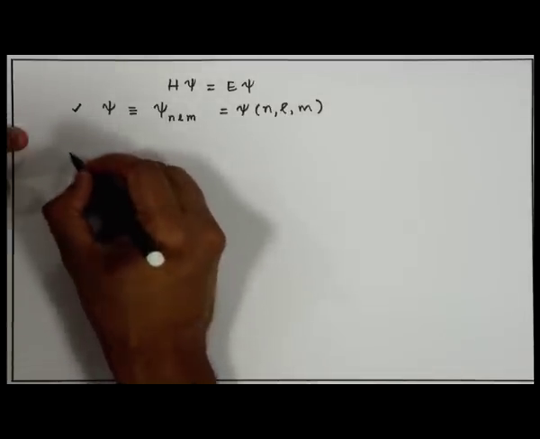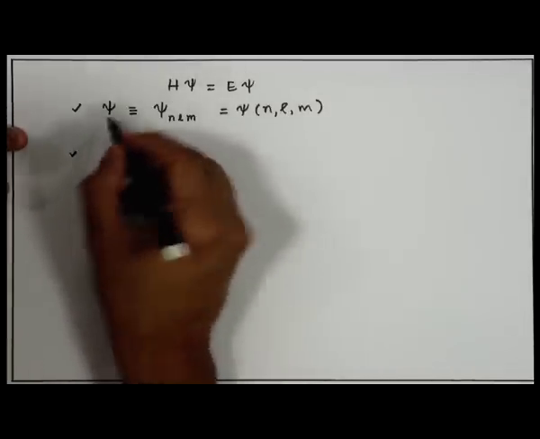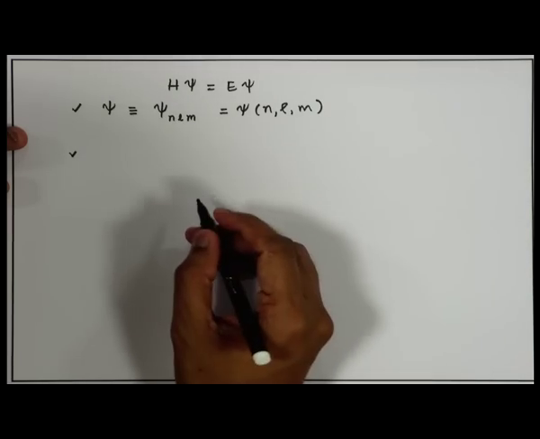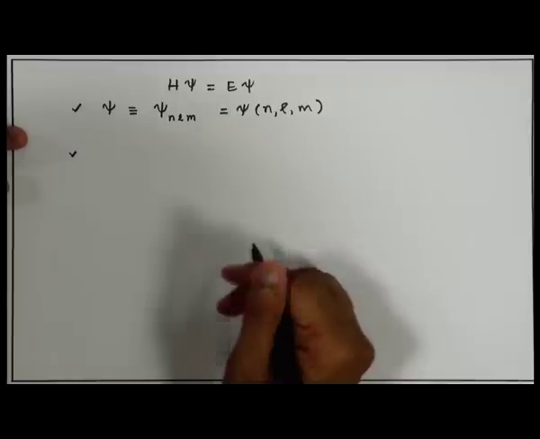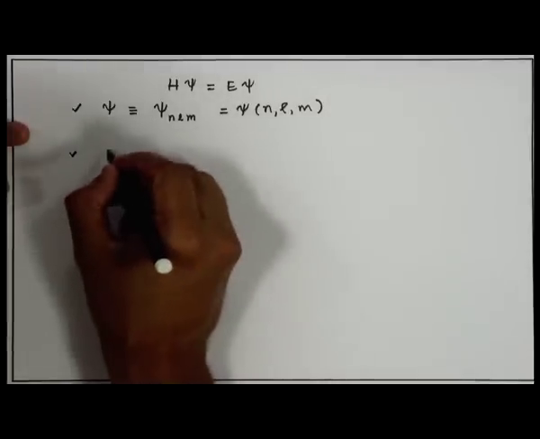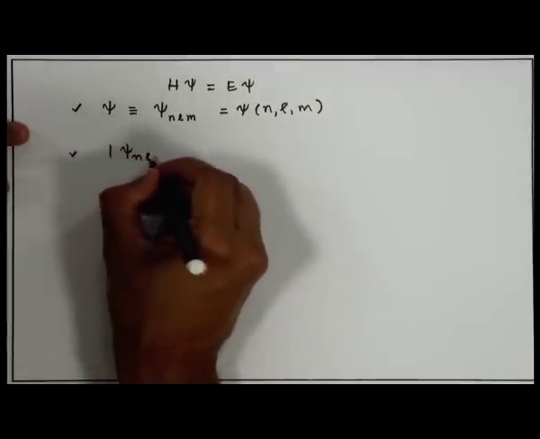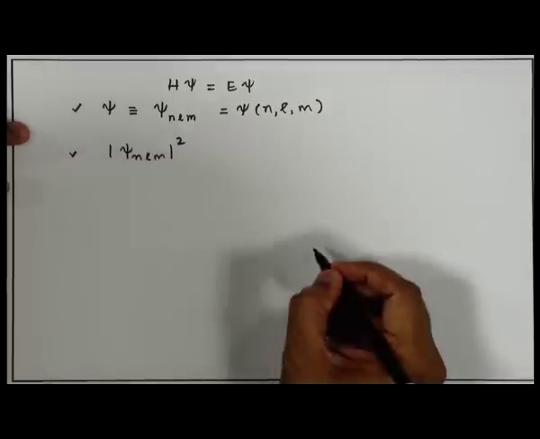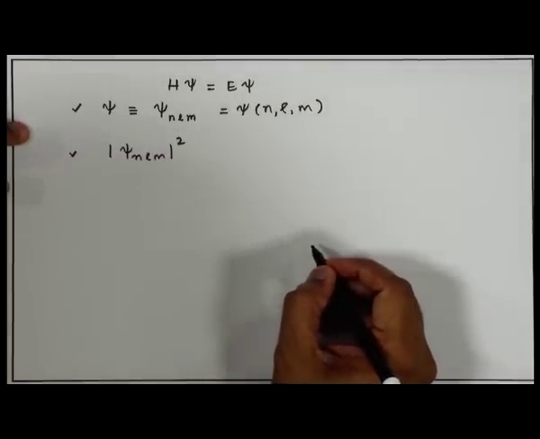We also know from Born's hypothesis that the wave function itself, which we call an orbital, does not have a physical significance. What has a physical significance is the square of the wave function, psi n l m square.